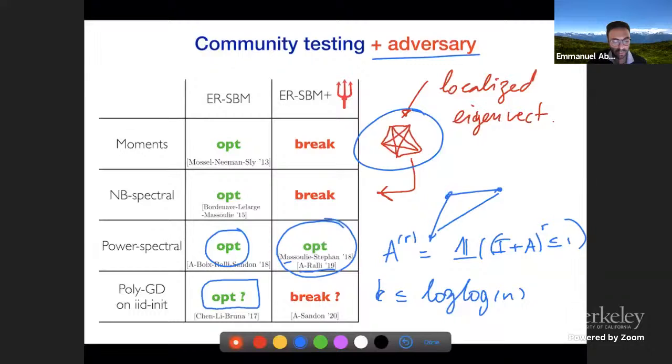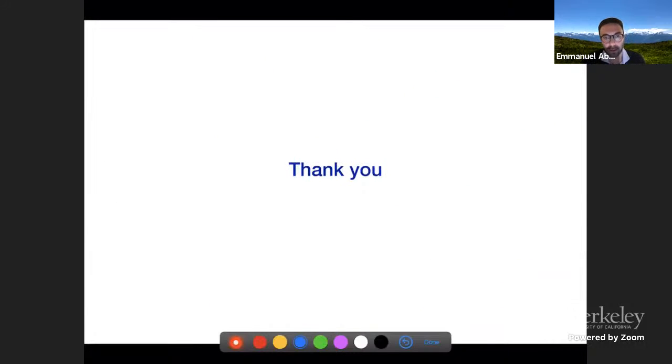But we believe that GD will no longer be able to classify. And the technique, we can show you some special case, and we would like to show you some arbitrary IID initialization, but we believe this to be true for any IID initialization of neural nets. Okay, so that's the end.